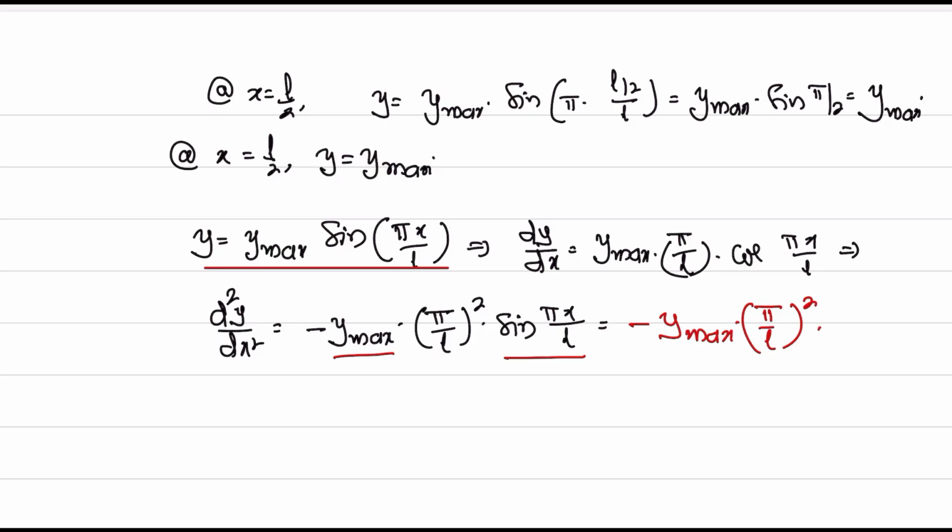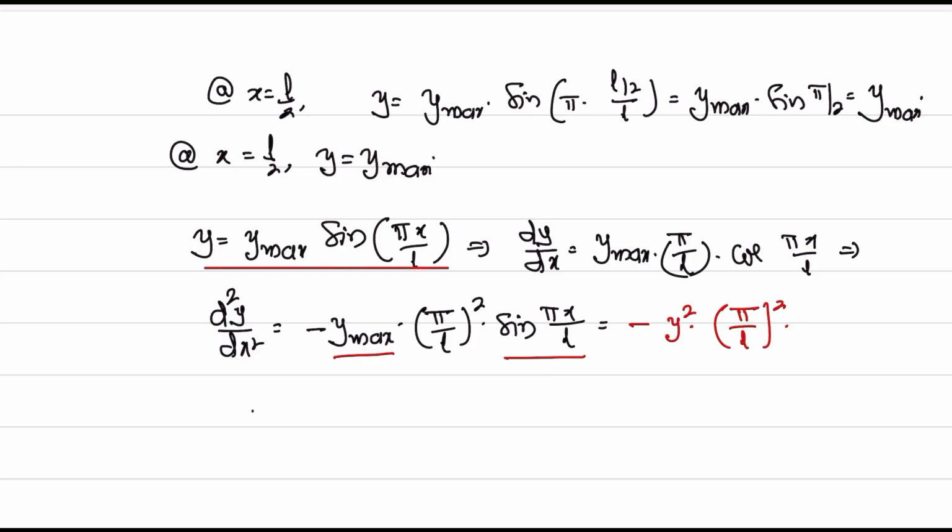Y max we need not write, because y max into sin pi x by L we are writing as y, so that it is minus y into pi by L whole square.